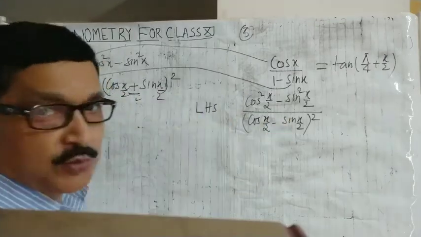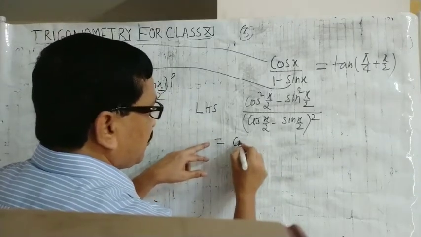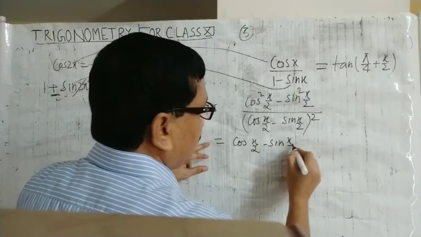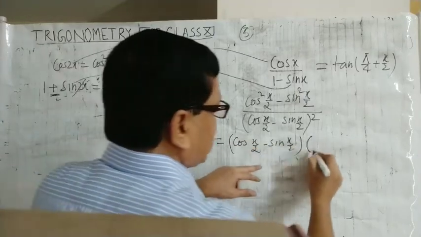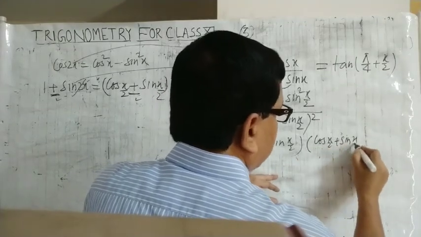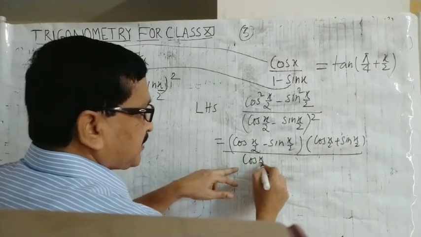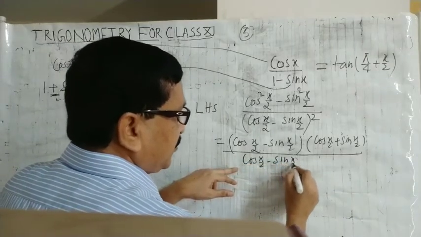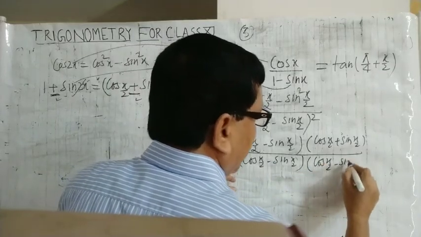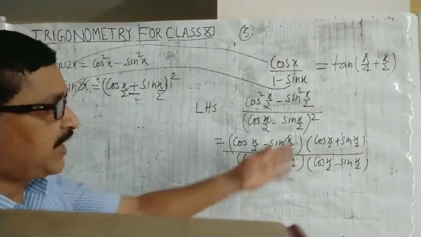Now factorize this. This gives you cos x by 2 minus sin x by 2, a plus b into a minus b, plus sin x by 2 whole divided by cos x by 2 minus sin x by 2 whole square. Just see, one is cancelled and we are left with this.